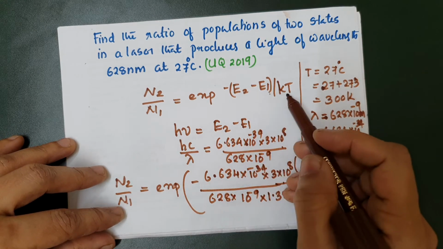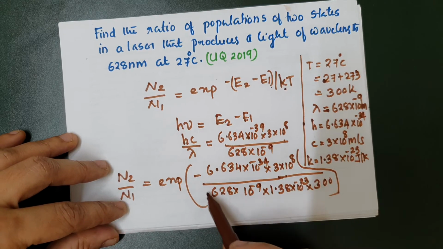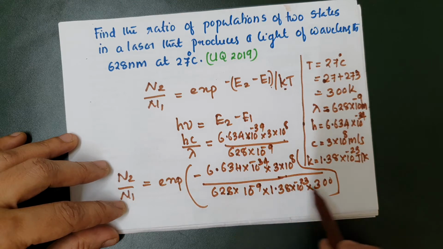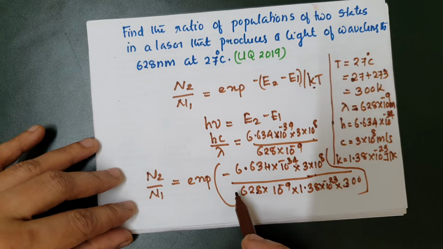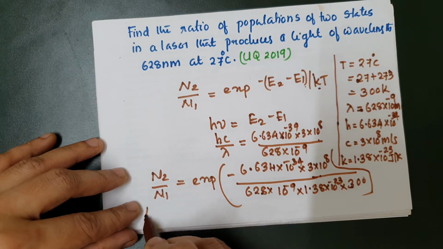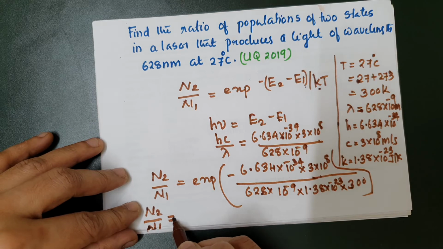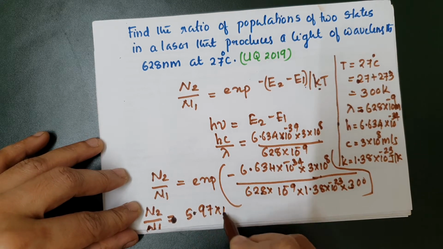That is hc by lambda divided by kT. So on solving this equation, it gives a value of N2 by N1 approximately 5.97 into 10 raised to minus 34.